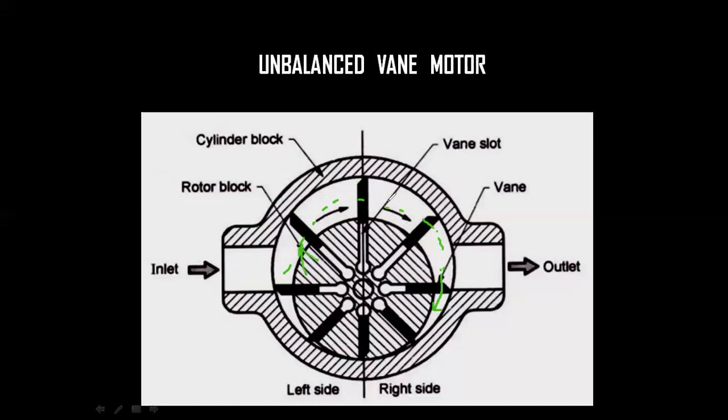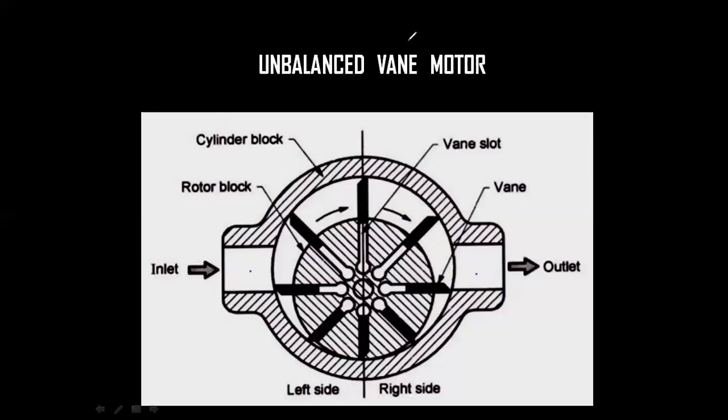Then the liquid displaces in this place and gets deposited here. Again, it displaces the rotor in this position. The liquid displaces the rotor at every position for its one complete revolution, so the rotor turns and the vanes also rotate. Due to this, an unbalanced force is created.